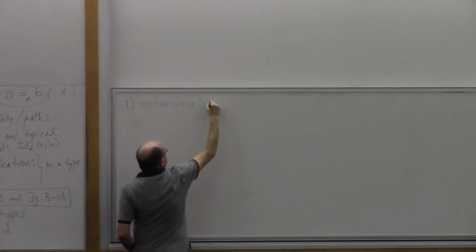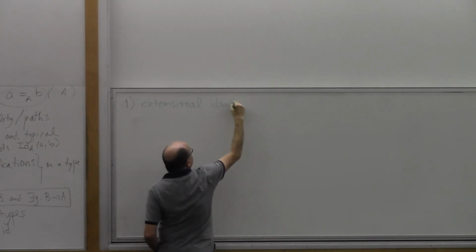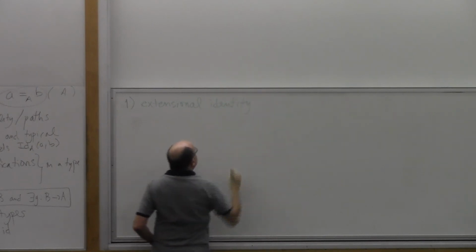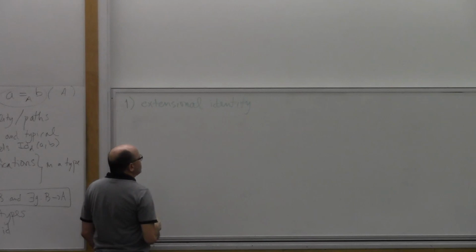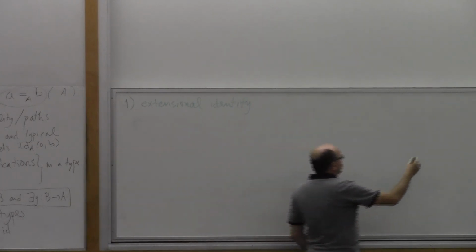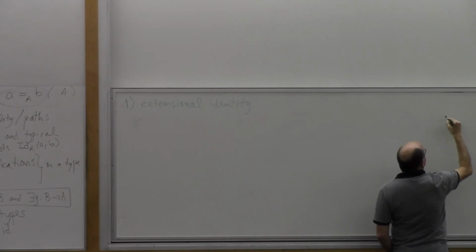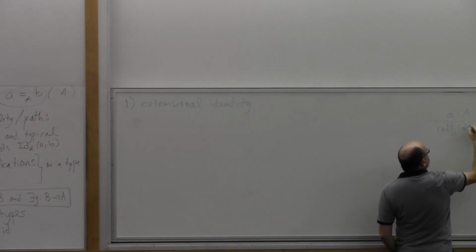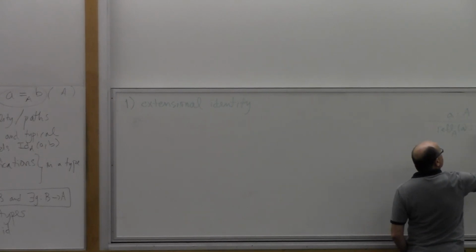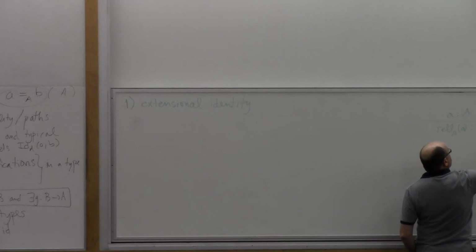There's the so-called extensional identity, okay, which has, so what they share, regardless of how you look at it, the type theories share the principle that if a is in A, then reflexivity in A at a is an identification between a and itself. Or, as I will very soon start writing, I'll just say a equals a.